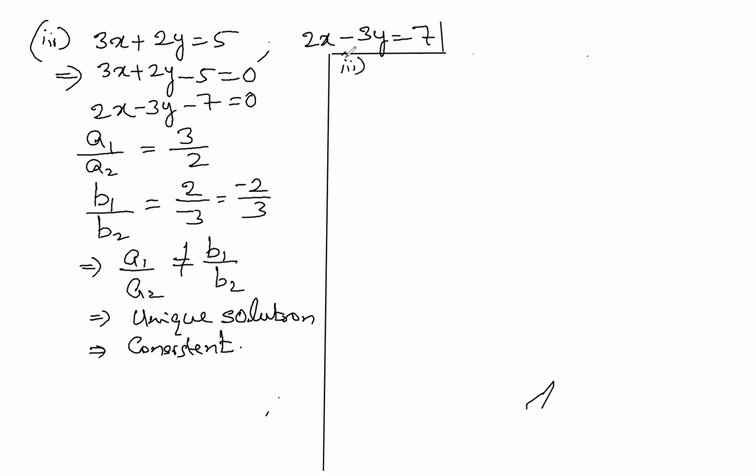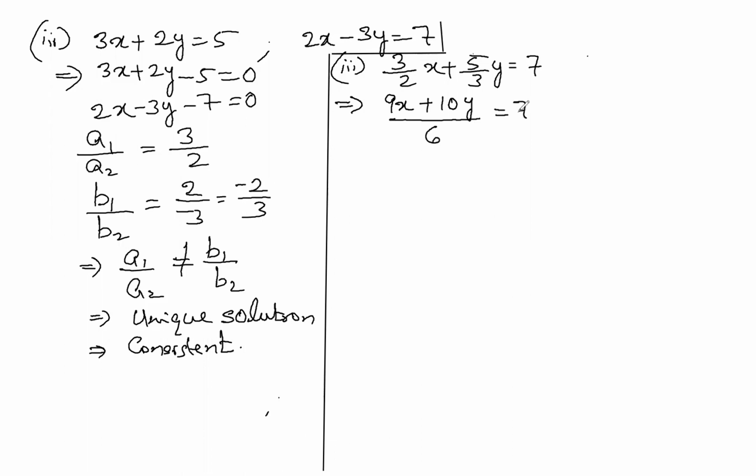See the third subdivision. 3 by 2x plus 5 by 3y is equal to 7. This is the first equation. So we will take the LCM for this one. When you take the LCM, we'll get 9x plus 10y upon 6 is equal to 7. That is 9x plus 10y is equal to 42.